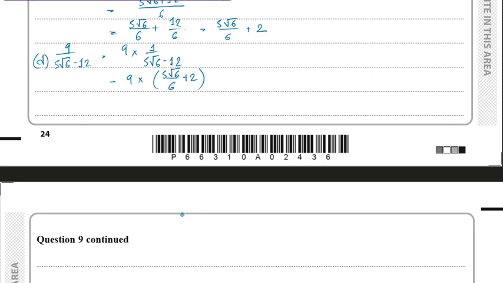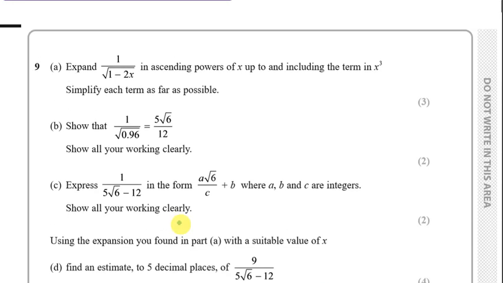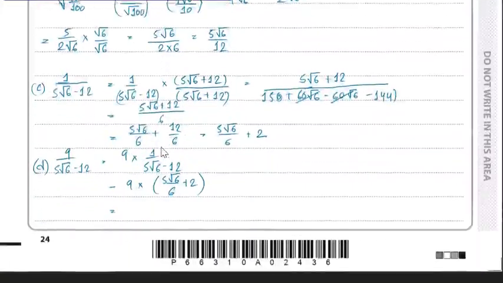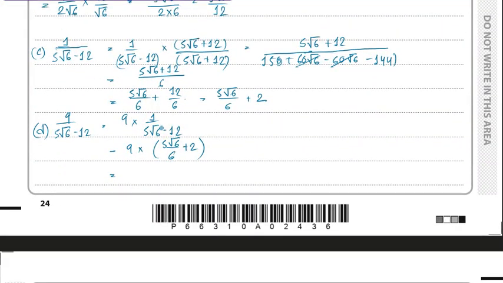So if you look at this, we know that 1 by root over 0.96 is equal to 5 root 6 by 12, right? And we have 5 root 6 by 6 here. So you can write 5 root 6 by 6 in this form as well. So 2 multiplied by 5 root 6 by 12 is actually equal to 5 root 6 by 6.